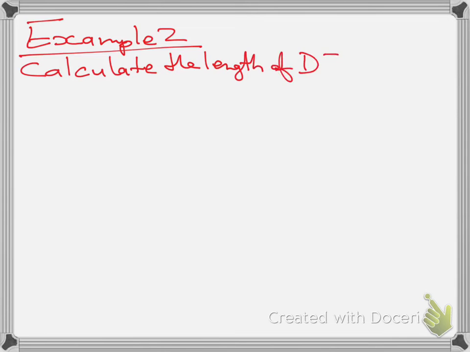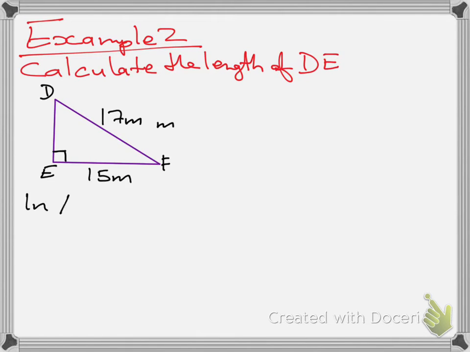Let's do another example. In this example, they want us to calculate the length of DE. You are given the triangle DEF, where E is the 90-degree angle. So we can use Pythagoras theorem.